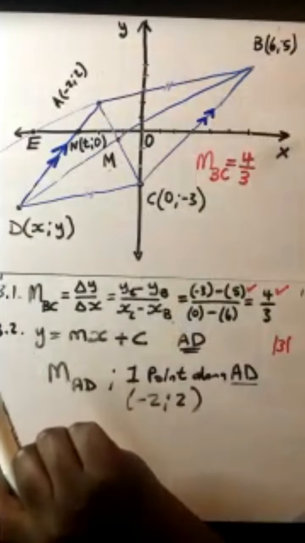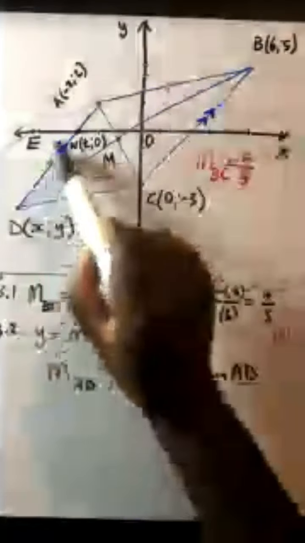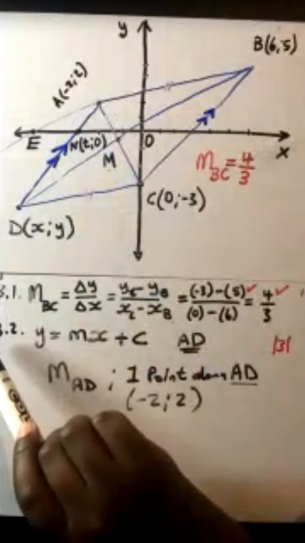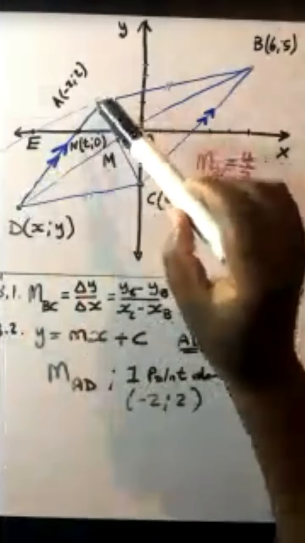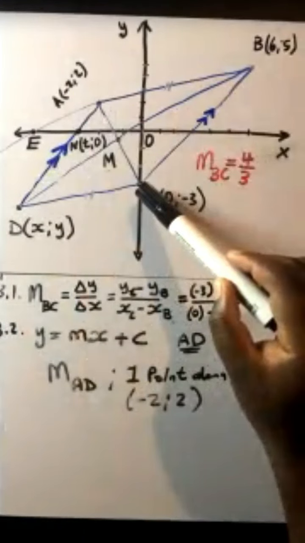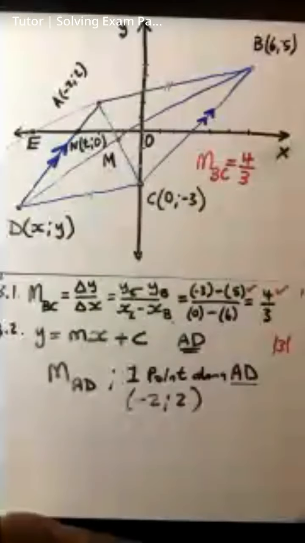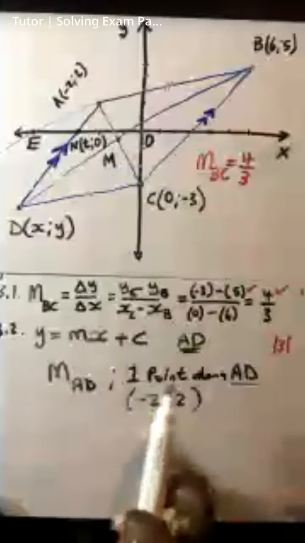So ladies and gentlemen, remember, they've indicated to us that this is a quadrilateral. In addition to that, they said this line AD is parallel to this line BC. I am pretty much sure that you remember very well because I've emphasized that point.